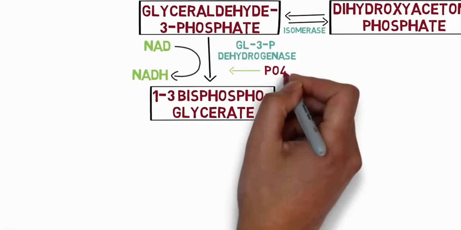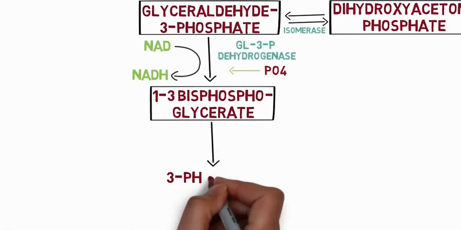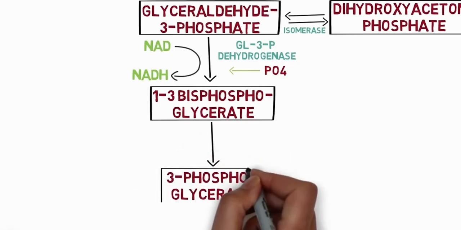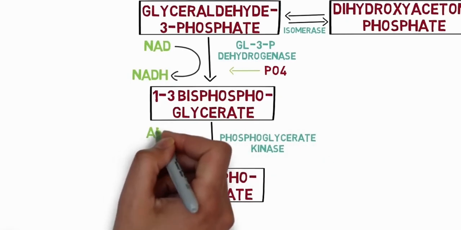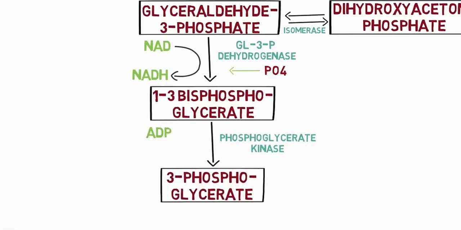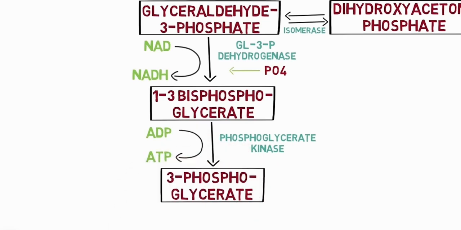This reaction utilizes a molecule of inorganic phosphate. The 1,3-bisphosphoglycerate is converted into 3-phosphoglycerate by the enzyme phosphoglycerate kinase. This kinase enzyme transfers a phosphate to adenosine diphosphate to form adenosine triphosphate. In this process, ATP is generated.